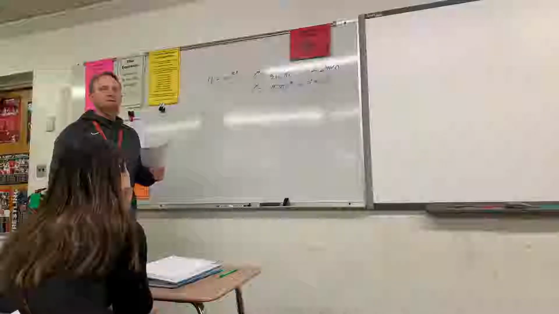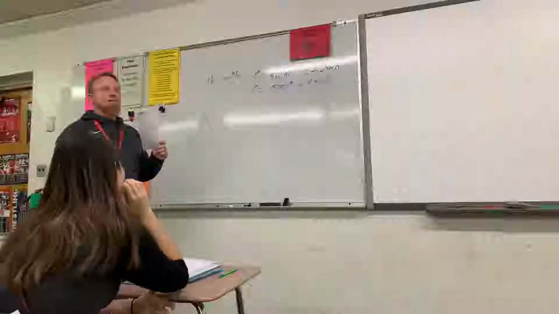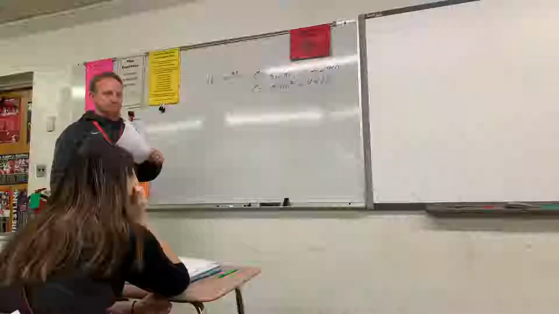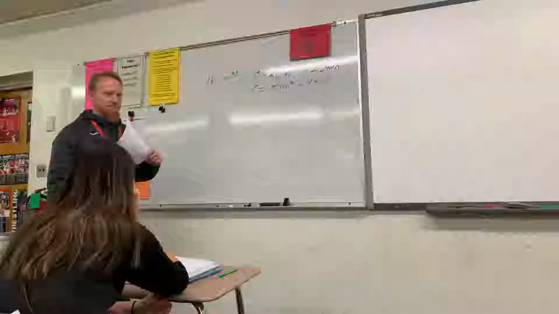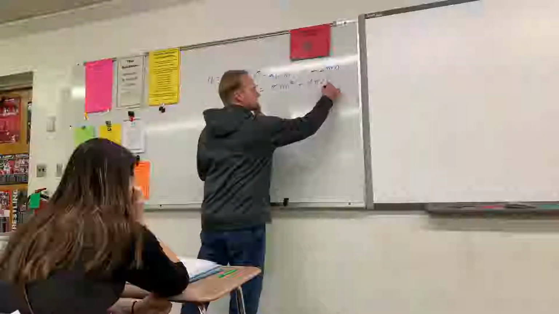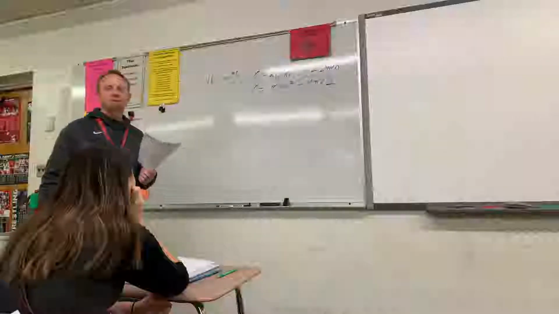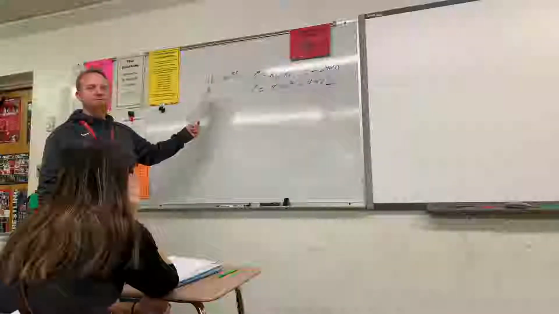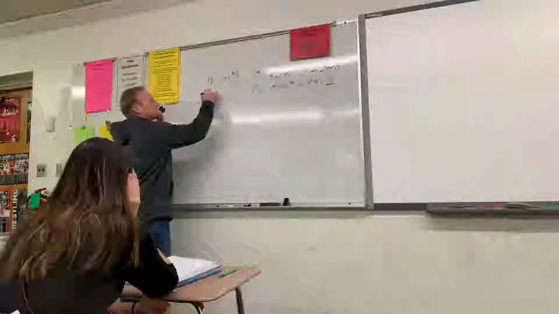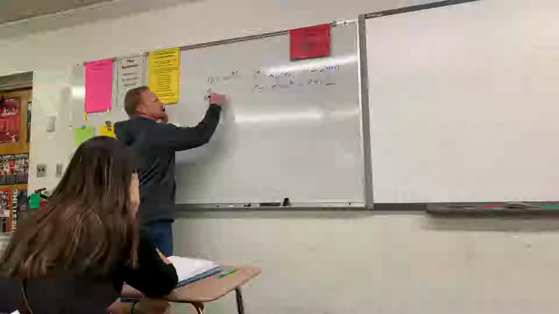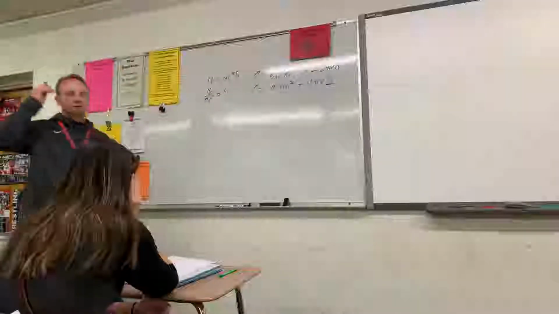You wouldn't have to take the square root of anything. There's only one h in the primary, so that's our main reason why we want to get it by itself. So 16 over pi r squared equals h.